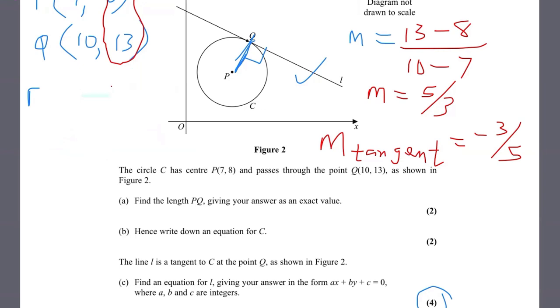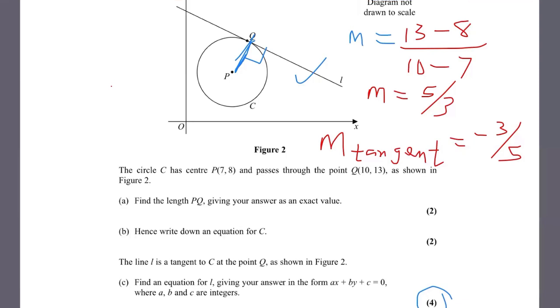I'm sure your -3/5 came because when two lines are perpendicular, their gradients must be the negative reciprocal of each other.